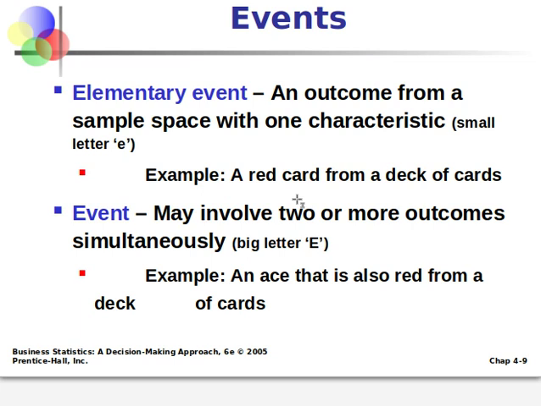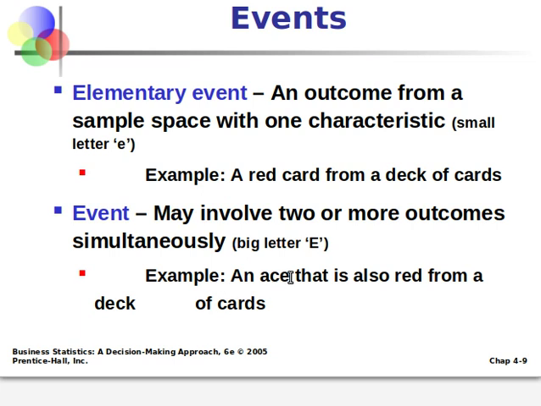The event may also involve not necessarily only one, but two or more outcomes simultaneously. And in this case, these are indicated with a big letter E. An example would be an ace that is also red from a deck of cards.